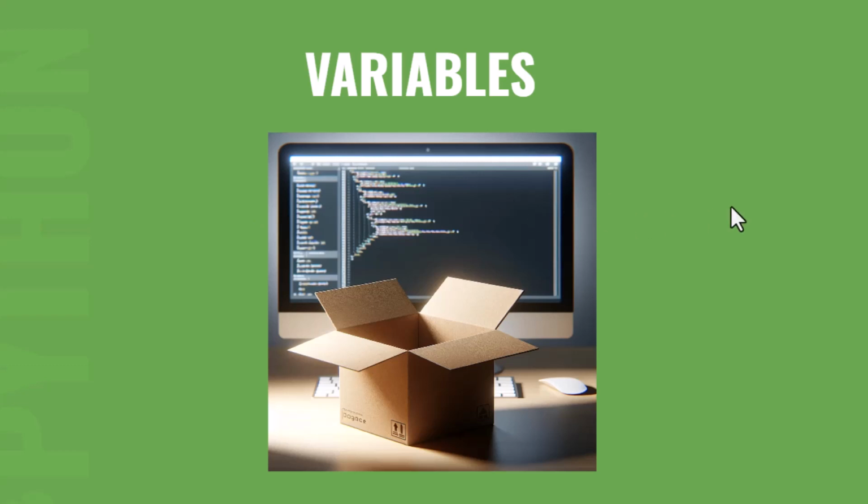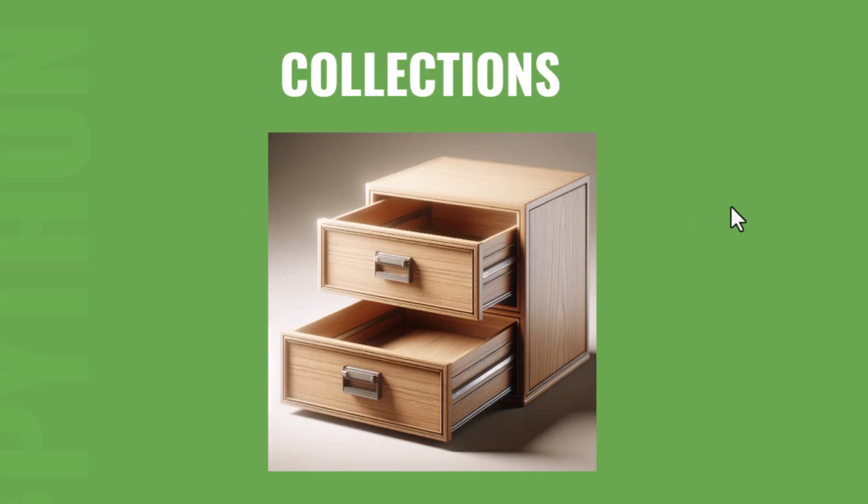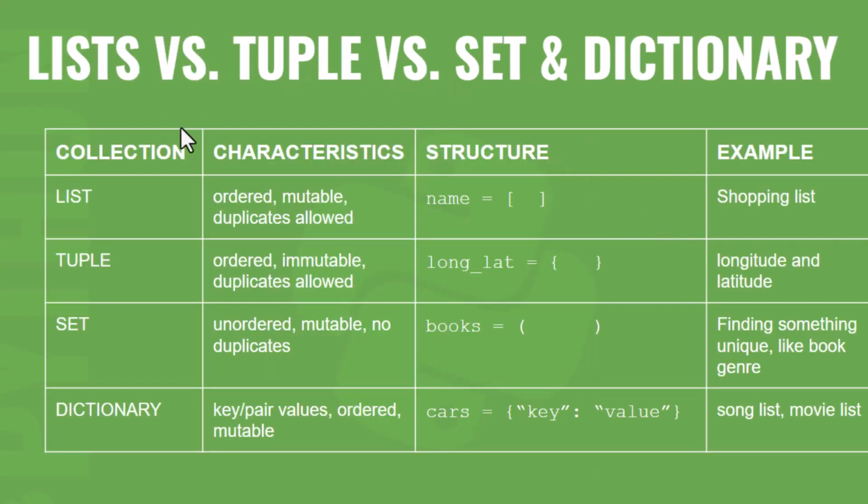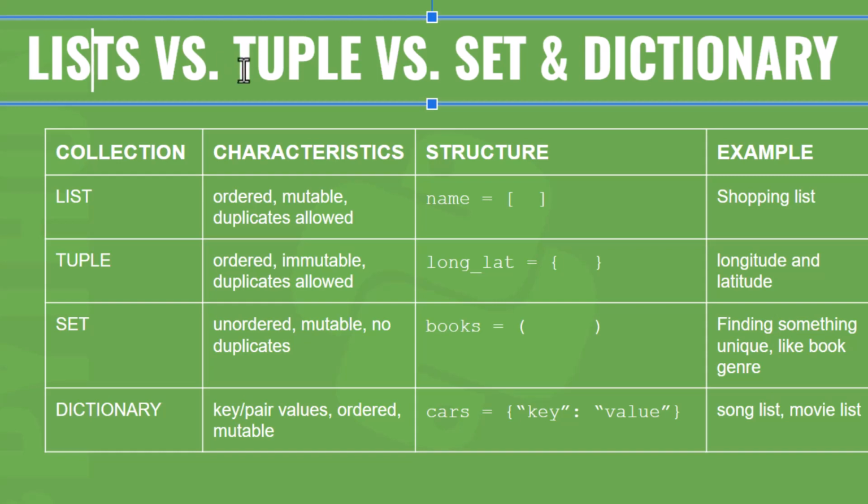And so when we move to a collection, you can imagine a collection as a drawer, and it could have 2 drawers. It could have 20, it could have 100, it could have 1,000, but it's a single entity that has multiple sections to hold things. All right. And those things, if you look here, are lists, a tuple, a set, and a dictionary.